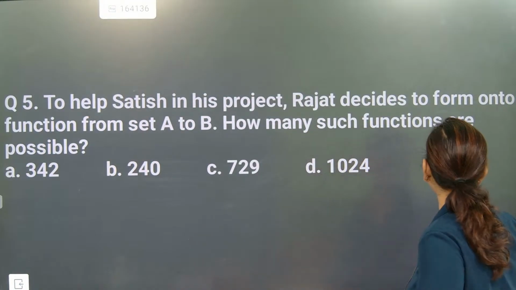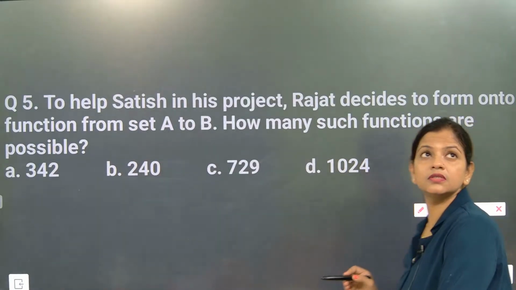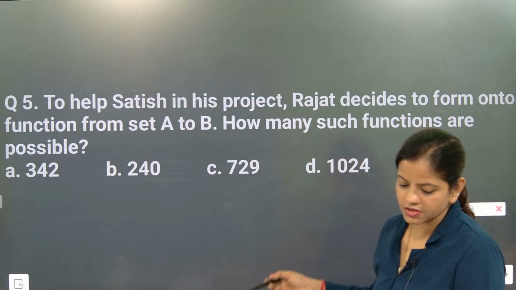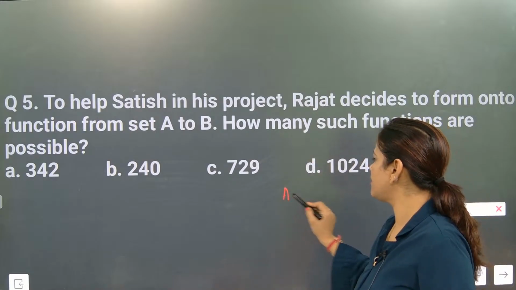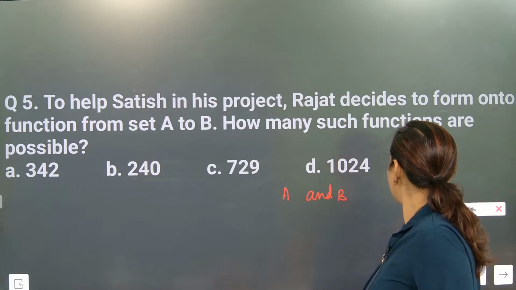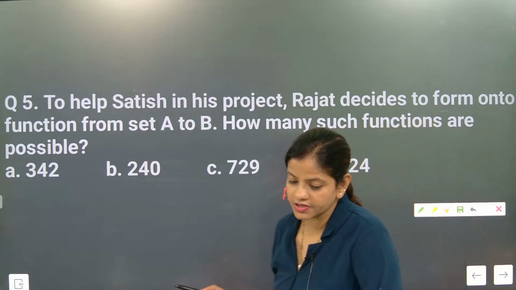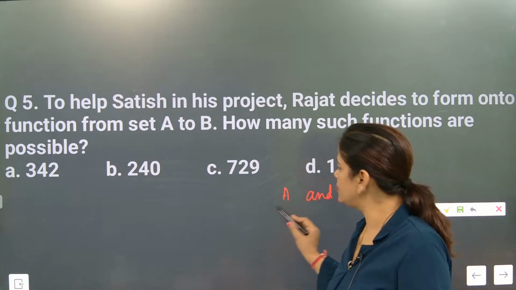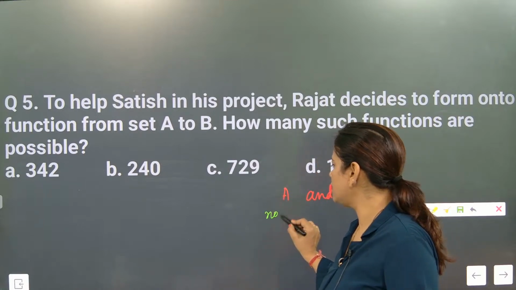For finding the number of onto functions, write down that A and B are non-empty sets. One thing must hold: A and B should be non-empty.